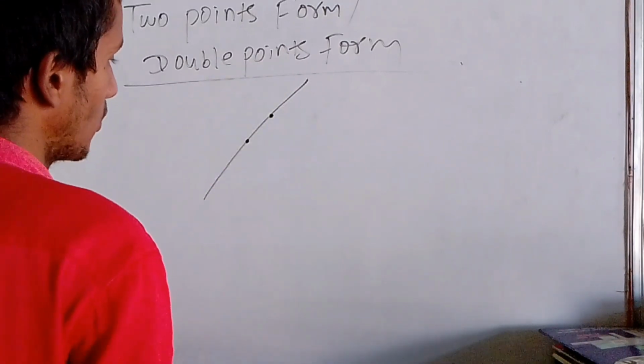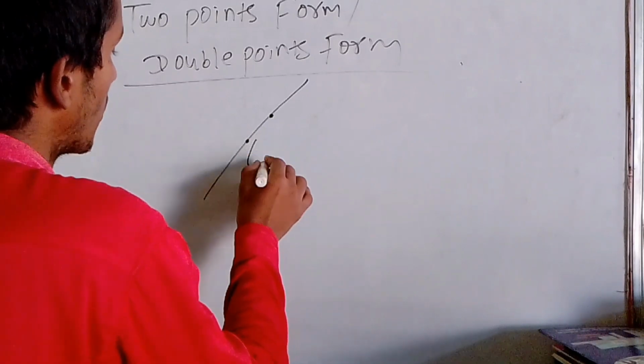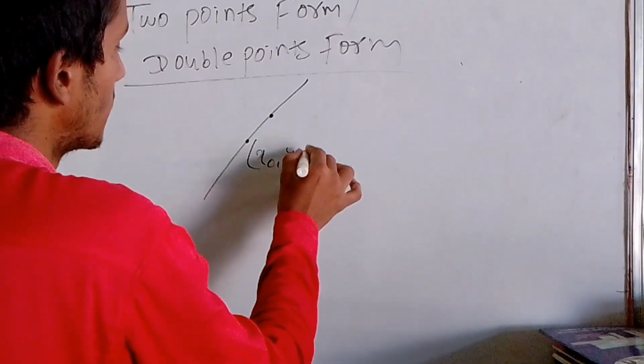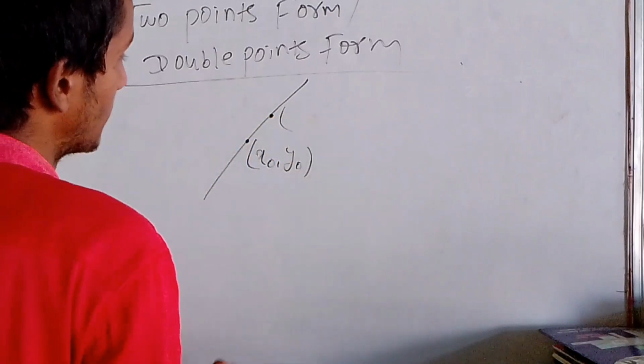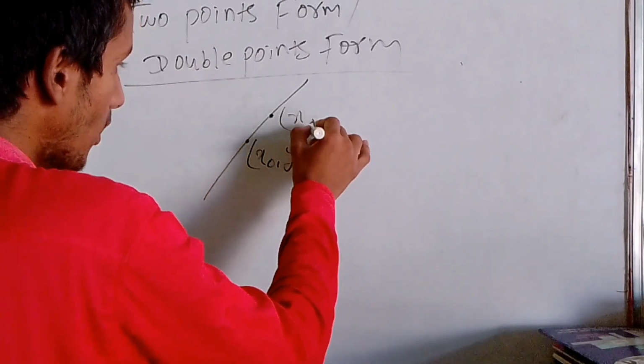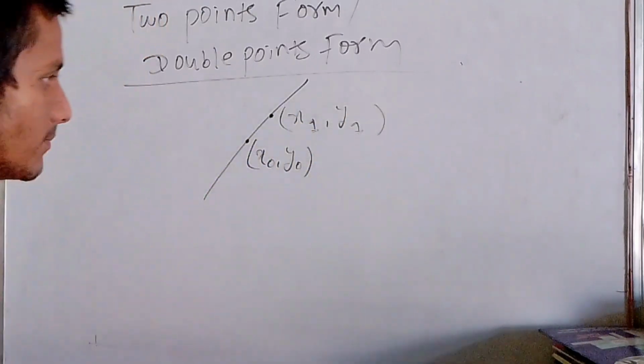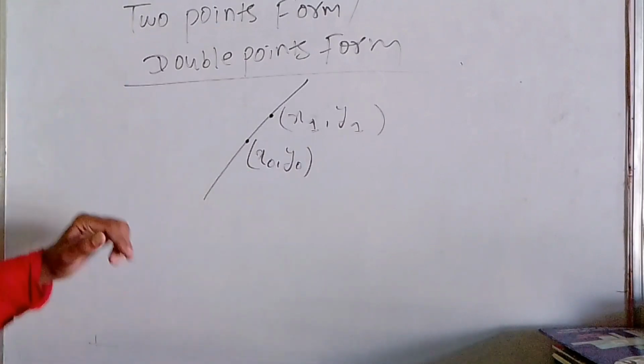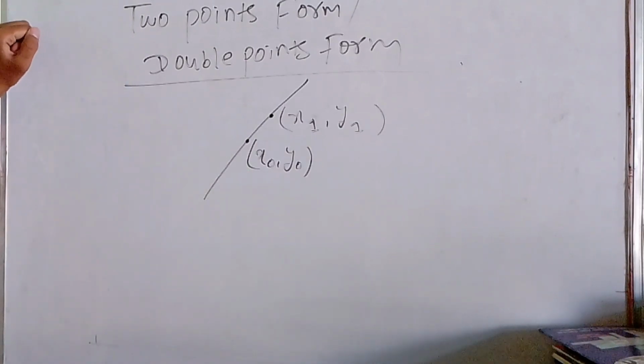I want to call the first one (x naught, y naught) and the second one (x1, y1). So these two points are known, and we have to find the equation.